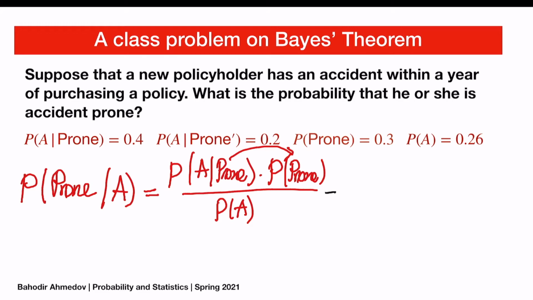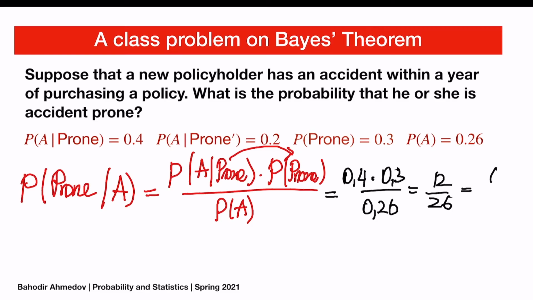So it is equal to 0.4 times 0.3 divided by 0.26. It is going to be 12 over 26, or if you divide this by 2, 6 over 13.